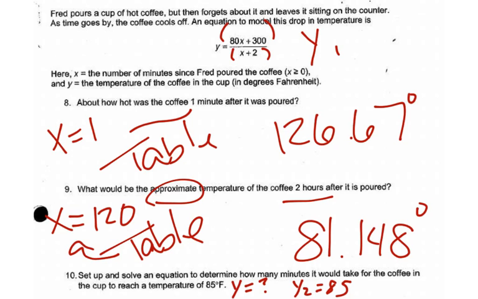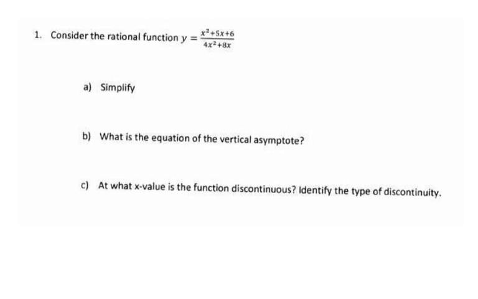I'm at like 70 and it's not where it needs to be yet, but I'm headed in the right direction. See, it's taking a long time, but I'm getting close because, oh, there it was. At 26 minutes, they are both 85. So, 26 minutes.